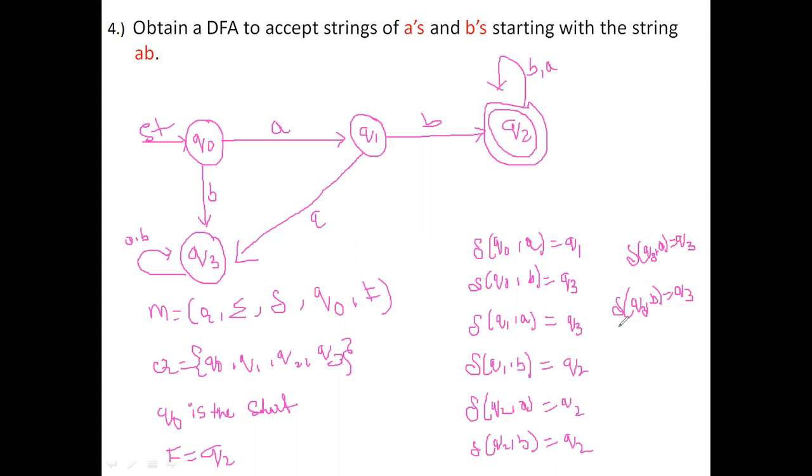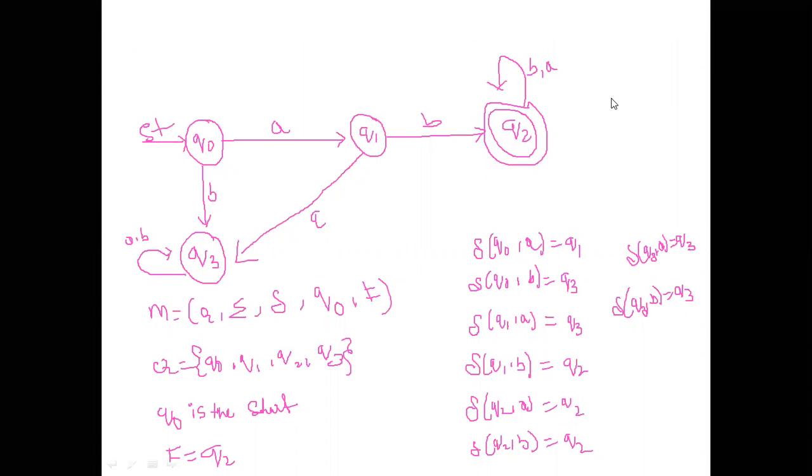So this is what the possible transitions we can find for this particular DFA exactly. Then later if you want to draw the transition table, how will it be?